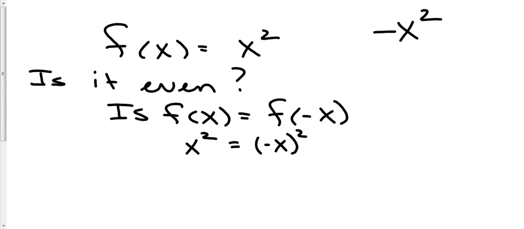So why? What am I squaring here? Just the x. Exponent comes before multiplication. This is the same as saying negative 1 times x squared, right? If I wrote it like that, it would be easy, right? Because I know multiplication comes before the exponent.